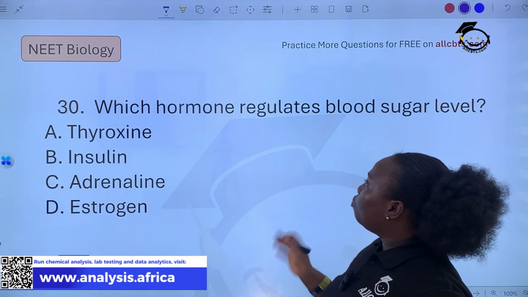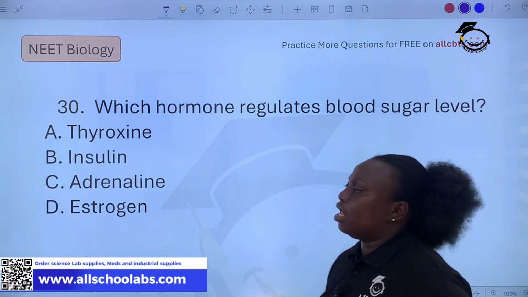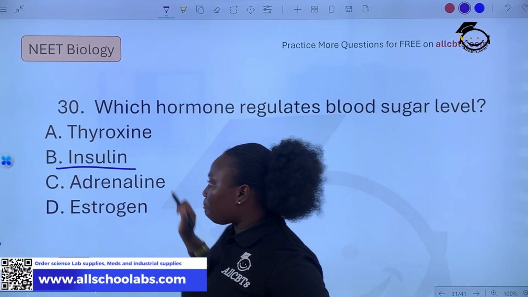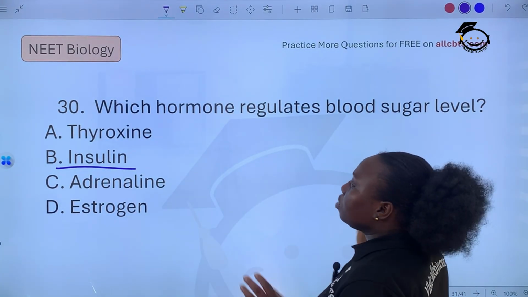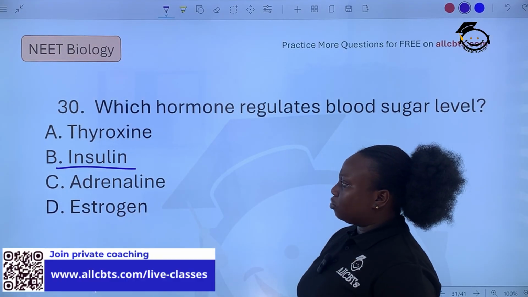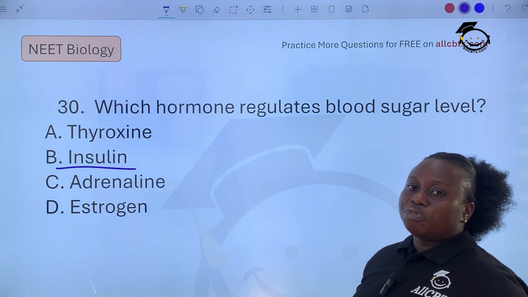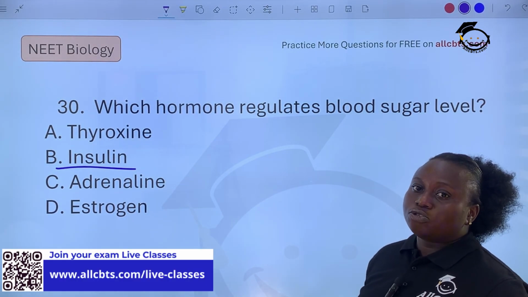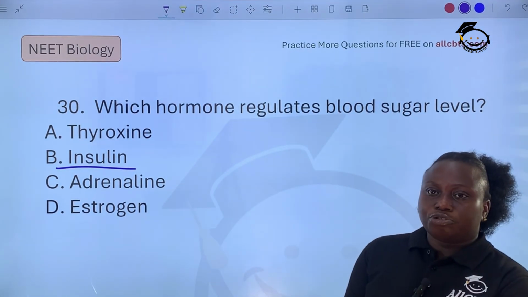Number 30, which hormone regulates blood sugar level? The hormone that regulates blood sugar level is insulin. And how does insulin regulate blood sugar level? During digestion, assimilation, and absorption, something happens. For example, if you eat carbohydrates or starch, it will be converted to glucose. Now, this glucose must not be found in your bloodstream.